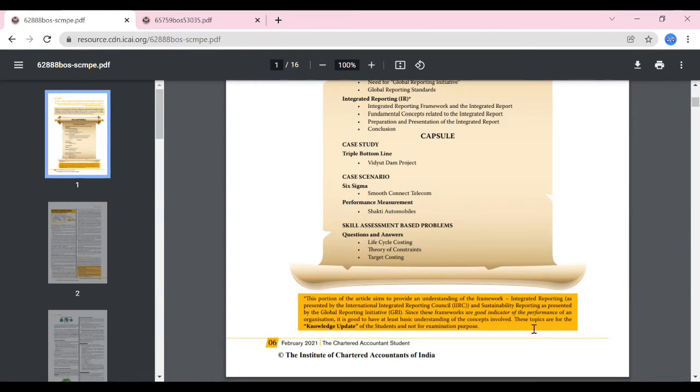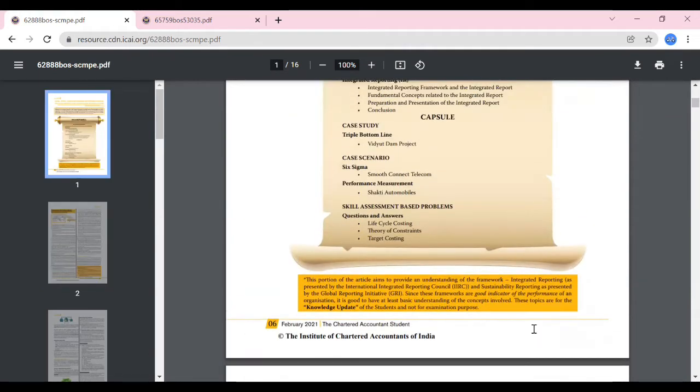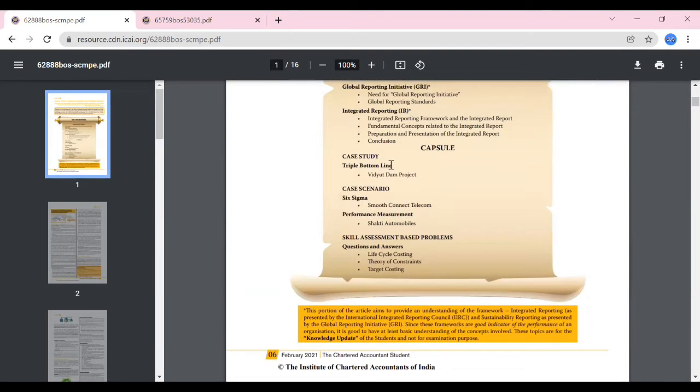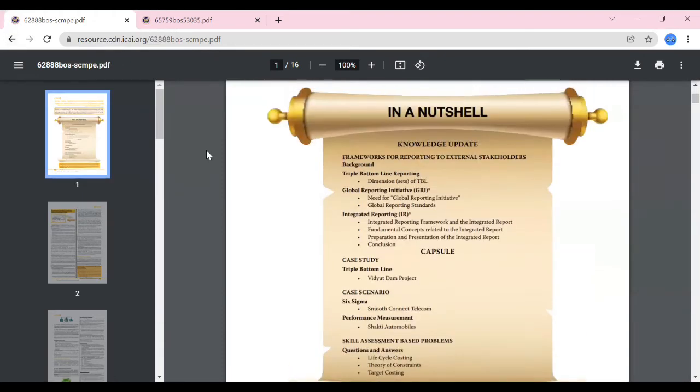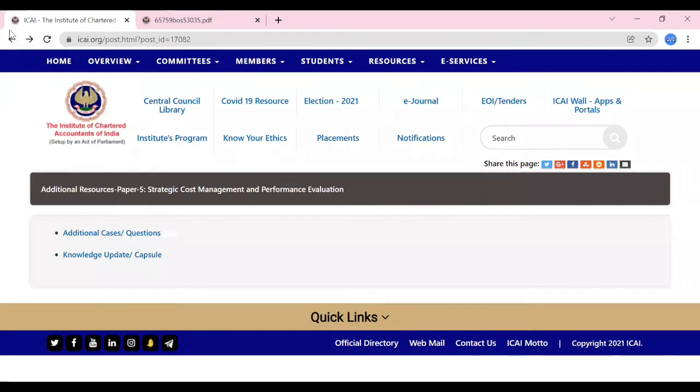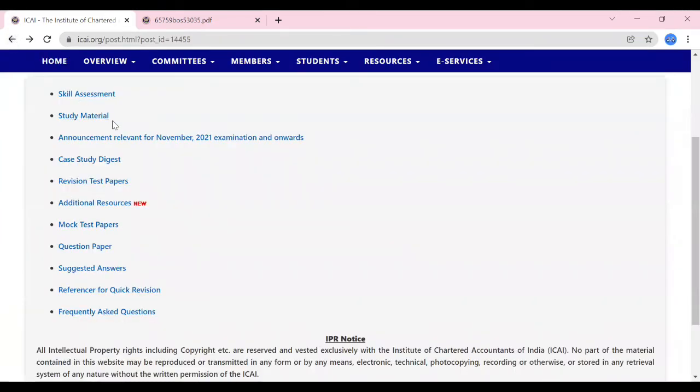Not exactly what they've mentioned here, but broad-level topics like triple bottom line, Six Sigma, performance management. All of these are already in our portion, so these questions can generally be asked. You should also view the student journal on a monthly basis so that you're updated with what knowledge updates ICAI is releasing and have the benefit of it.